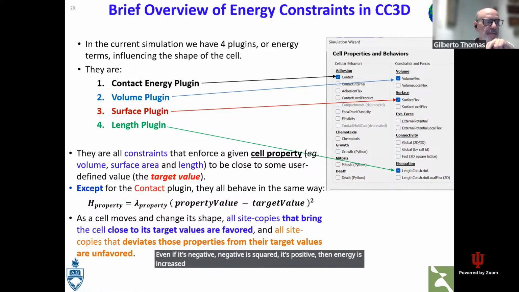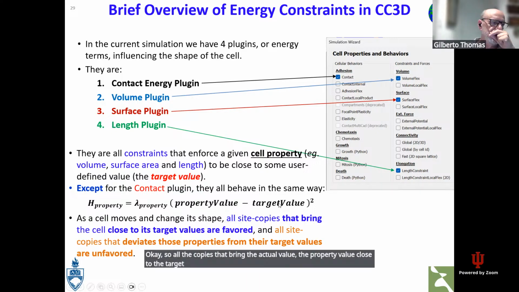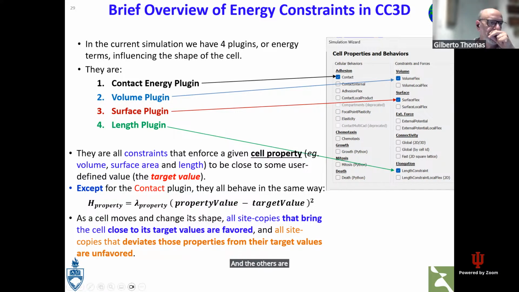So it is a penalty, and this copy is unfavored for the pixel copy attempt. Okay, so all the copies that bring the actual value, the property value, close to the target are favored, and the others are unfavored. All the three plugins work in this way.